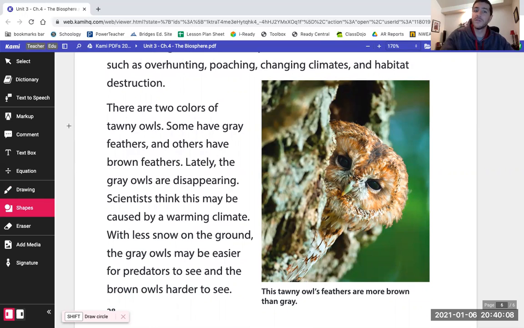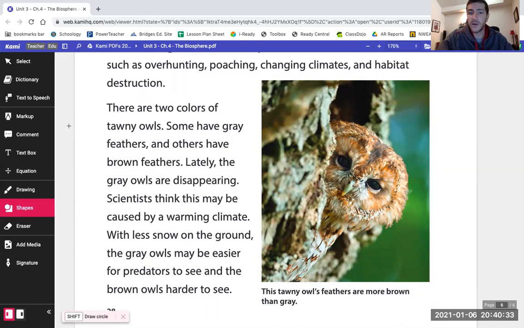There are two, right down here, they're giving an example of a couple things. There are two colors of tawny owls. Sorry if I'm saying that wrong. I feel like I am saying it right, but two types of colors of tawny owls. Some have gray feathers and others have brown feathers. Lately, though, the gray owls are disappearing. Wonder why that is. Let's see. Scientists think that this may be caused by warming climate.